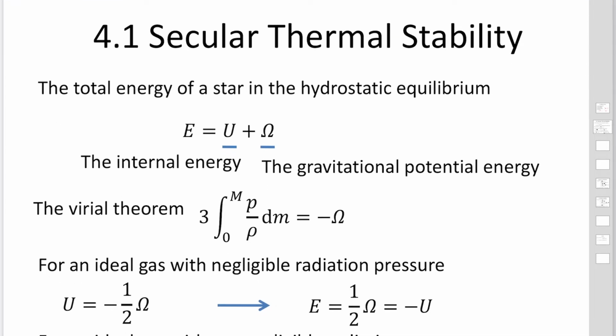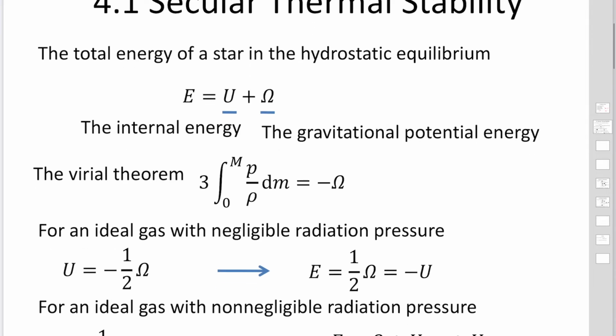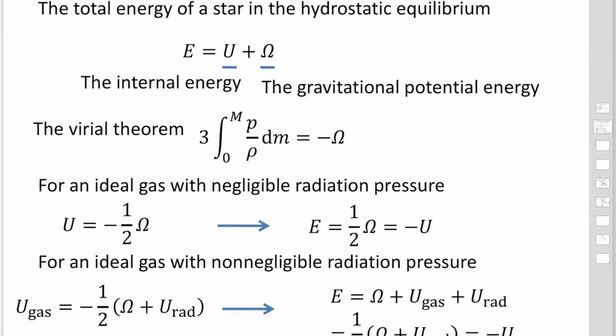The total energy of a star in hydrostatic equilibrium is given by the internal energy U plus the gravitational potential energy Omega. The virial theorem relates the integral of P over rho with respect to m, from 0 to capital M, the total mass of the star, to minus Omega.